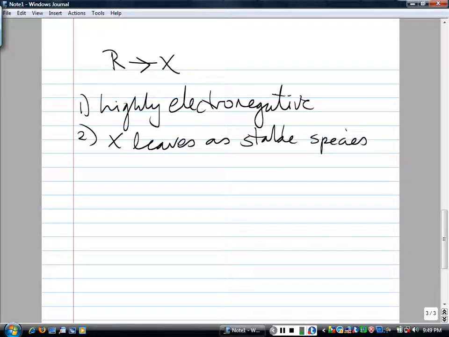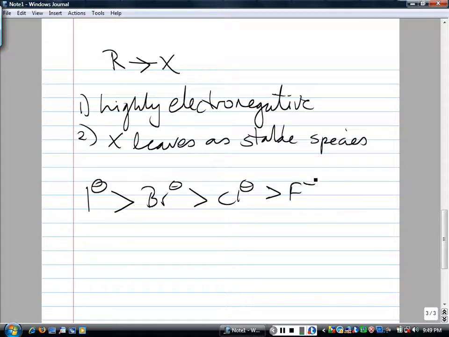The answer is quite simple. We just talked a second ago about how iodide is a fantastic leaving group. It's actually better than bromide, better than chloride, better than fluoride. I know this from our discussions of acids.